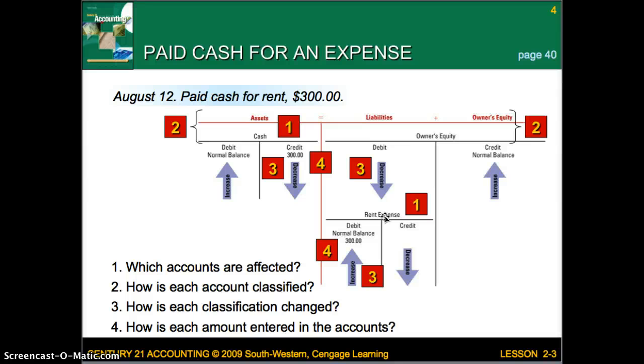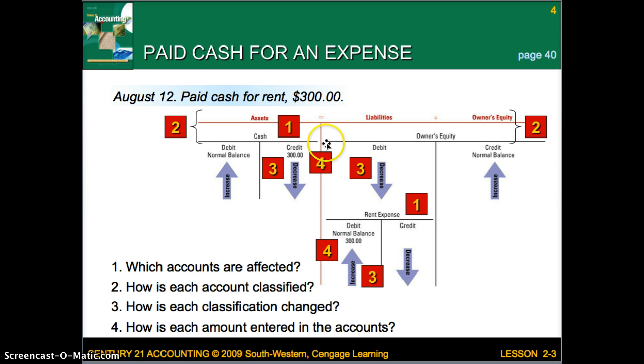Expenses get a little bit funny, because you would think anything on this owner's equity side would have a normal balance of credit, which it does, but because we have expenses underneath my owner's equity account, the amount of my owner's equity is decreasing when I have an expense.